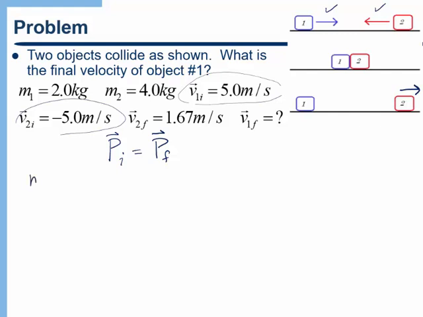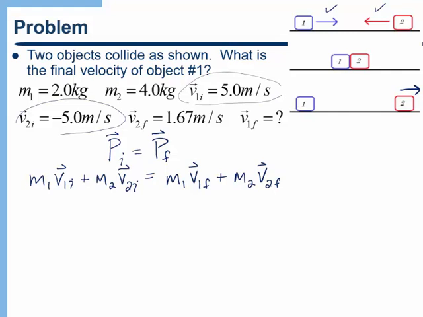Before the collision, both objects were moving, so I have m1 v1 initial plus m2 v2 initial, and that's got to equal m1 v1 final plus m2 v2 final. Again, everything is a plus sign because I have the vector symbols over the velocities.